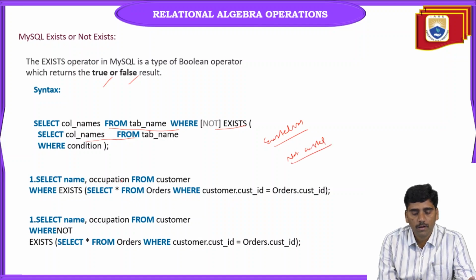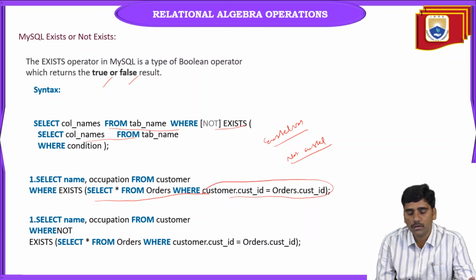Select name, occupation from customer where EXISTS of select star from orders where customers.customer ID equals orders.customer ID. If this value exists in the first table, it will be displayed. If this value does not exist in the first table, it will not be displayed.